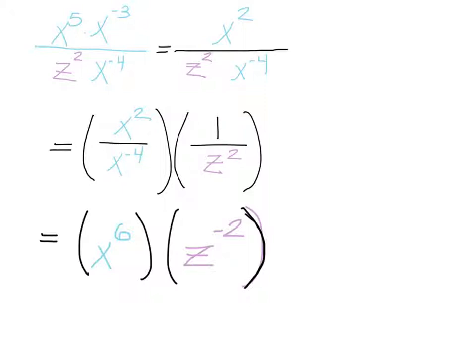So you want to go from one fraction with multiple variables to multiple fractions, each with the same variable. After that, you can employ the exponent rules that we learned in the original video on exponent rules. We'll look at one more example in our next slide.